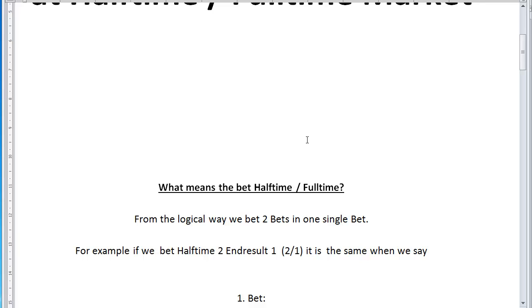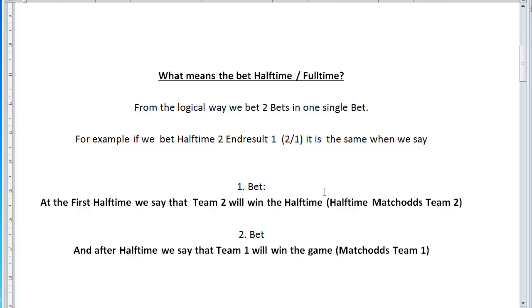First of all, what does the bet halftime full-time mean? Logically, we bet two bets in one single bet. For example, if we bet halftime 2 and result 1, so 2-1, it is the same as saying the first bet will be that team 2 will win the first half, so we need the halftime match odds for team 2.